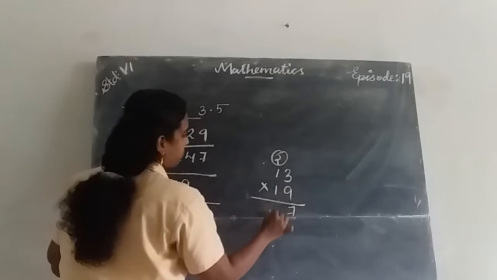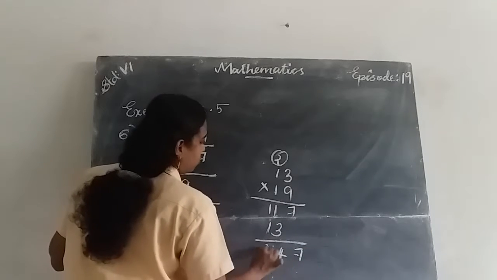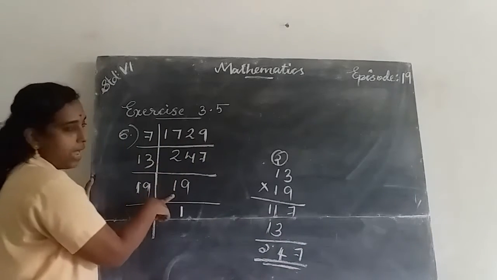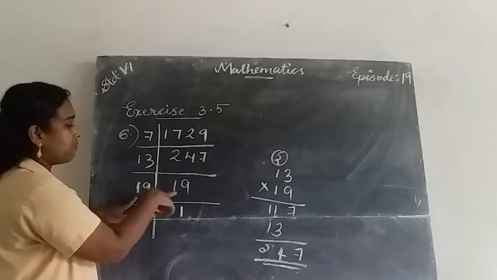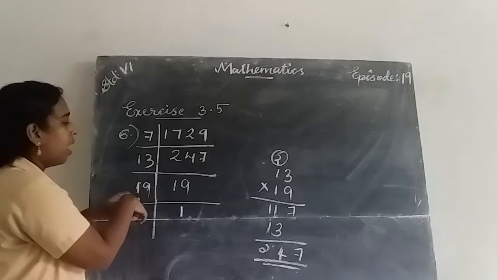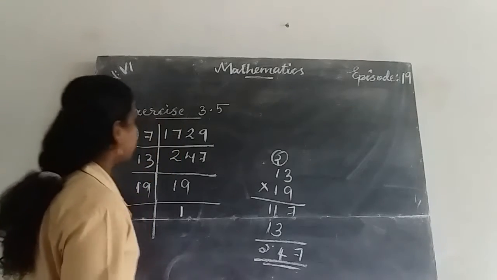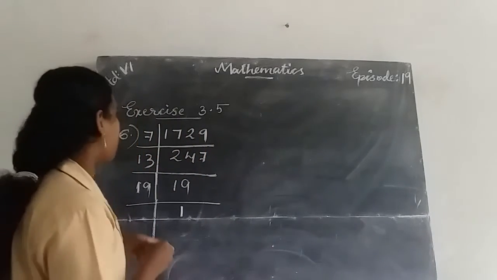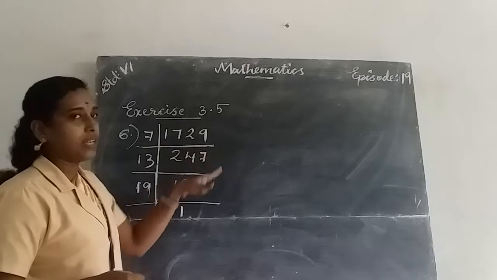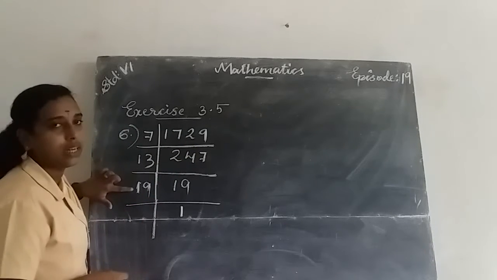So we write 19 here, and the number divides 19. The prime number which divides 19 is 19. So we get the prime factorization of 1729 is 7 into 13 into 19.